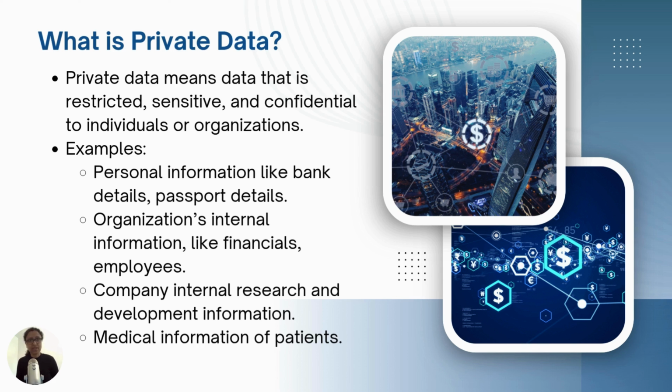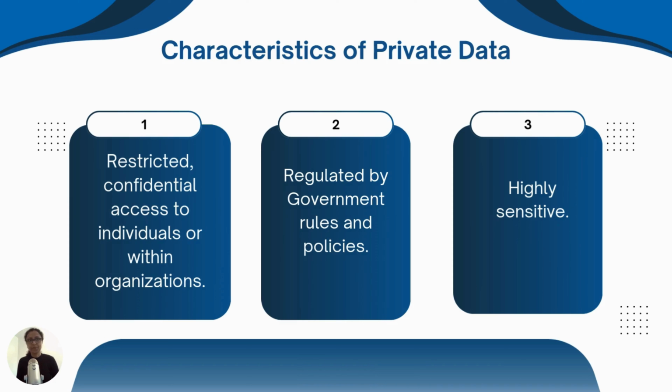Then the company's internal research and development information, and the medical information of patients. In many pharmaceutical industries, they do their internal research, so those are private data and very restricted and very confidential. Okay, so now we understand what public data and private data are.